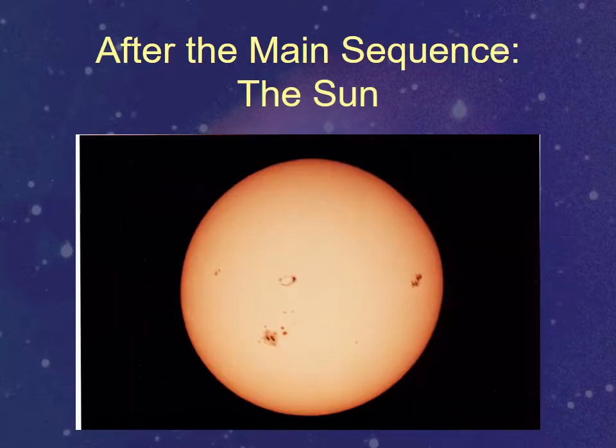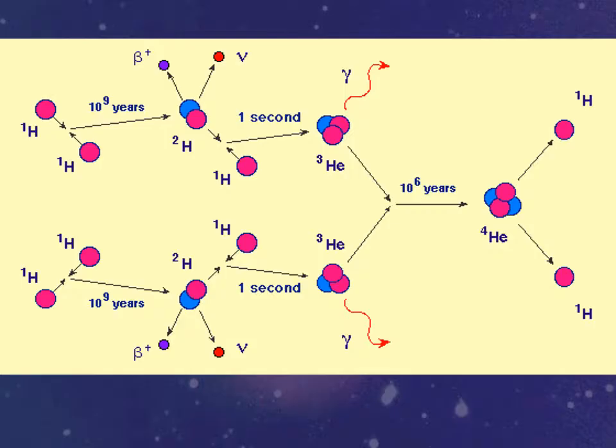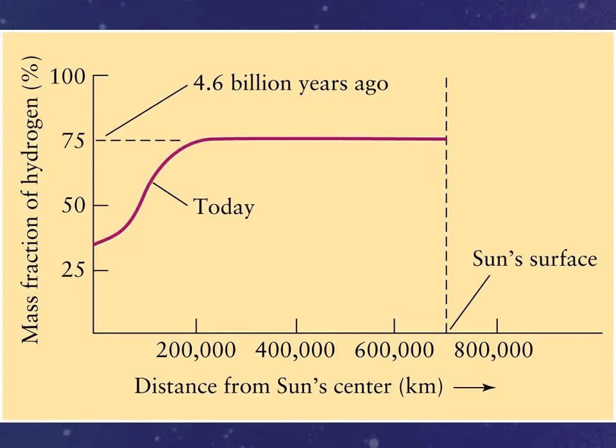So consider our own sun and what happens to it. Right now, the sun is fusing hydrogen into helium, what we call the proton-proton chain. We talked about this in our previous chapter. Originally, the sun had 75% of its mass as hydrogen all the way through, and 25% of its mass was helium.